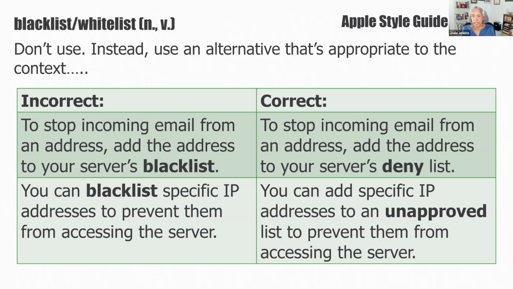Use instead something more specific with regard to what you're referring to. There's a higher level of specificity when you call something a denied list or unapproved list versus blacklist.